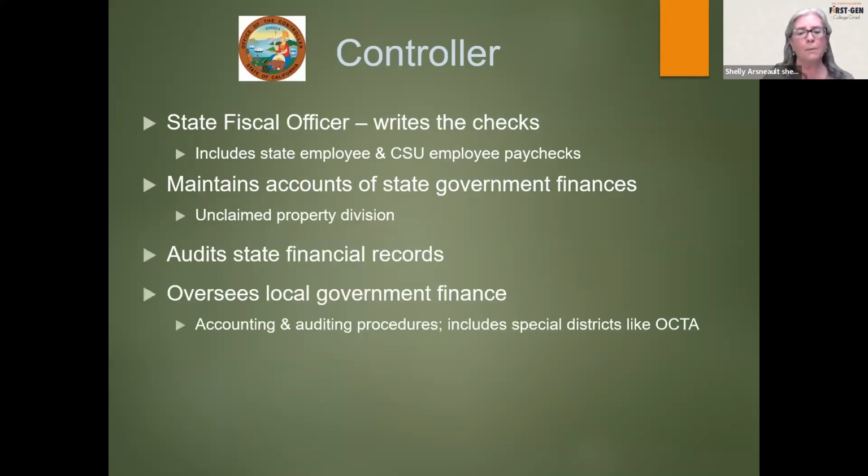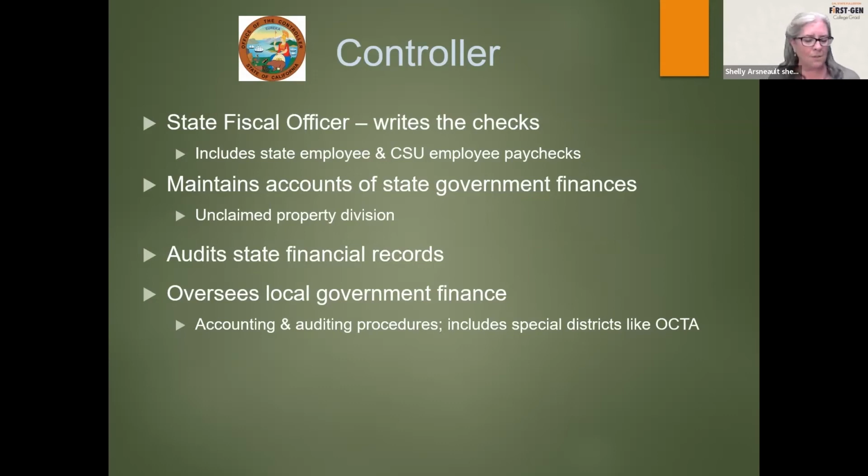And a big part of that goes along with overseeing local government finance. So again, auditing both the state financial records and assisting with accounting and auditing procedures for our local governments, keeping them all on track. And by local government, we include things like the 4,000 special districts that exist in California.